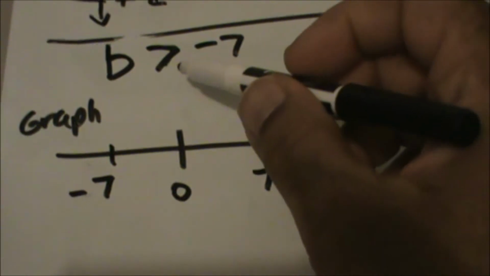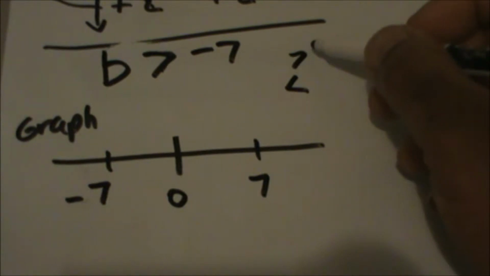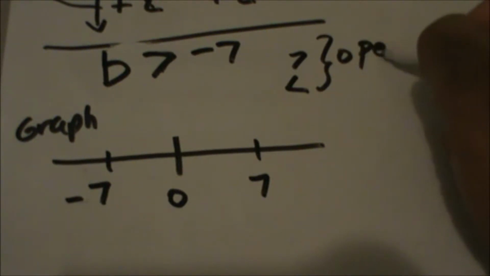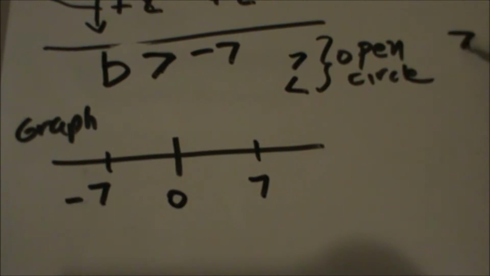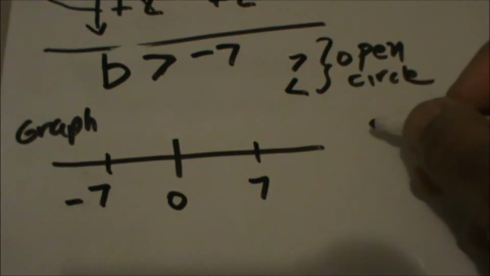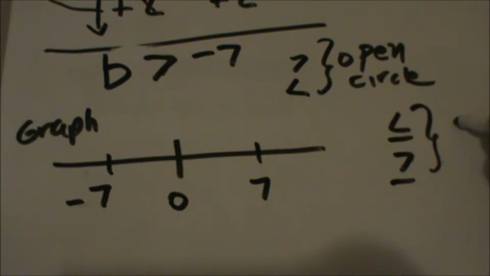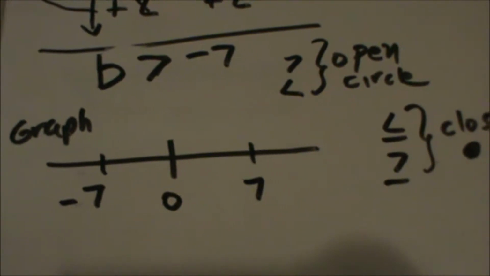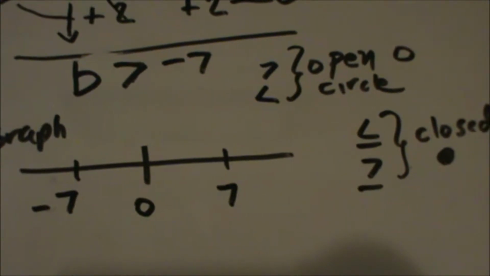When you have less than or greater than, that means it will be an open circle. If you have less than or equal and greater than or equal, then the circle will be closed, meaning it will be shaded. And if it's an open circle, it'll be unshaded. So know the difference.